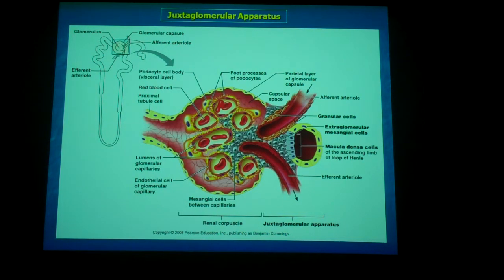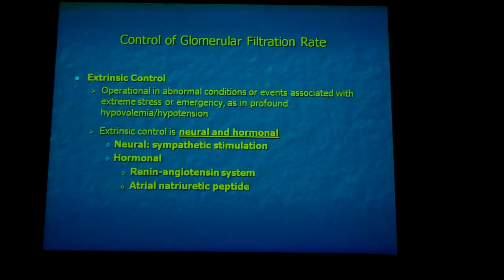So water is added back to the circulating blood volume. It also triggers the posterior lobe of the pituitary gland to release antidiuretic hormone. Antidiuretic hormone acts on the collecting duct to promote water reabsorption. So the body is trying to recover fluid to increase circulating blood volume to raise blood pressure. That's what's happening with this extrinsic control here.